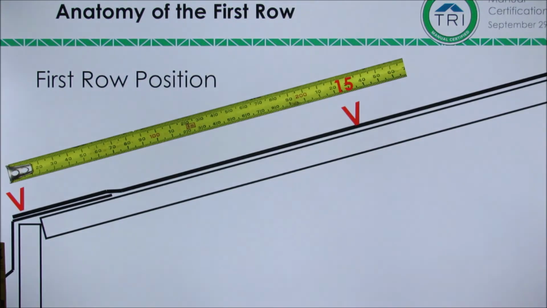So we take that 15-inch number and we apply that to our roof installation. We've already got our drip edge flashing, we've got our underlayment installed, the 2 V's point to on the left where the eave riser metal will be installed, and the 15-inch mark at the second V upslope is where the top of our batten will be installed.